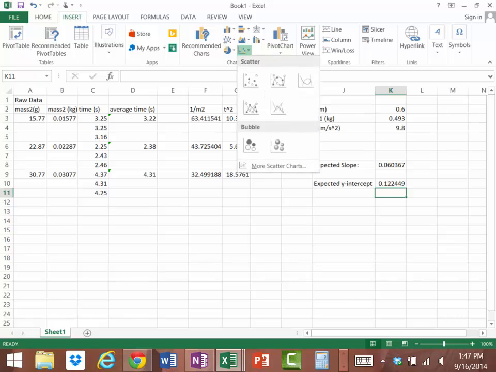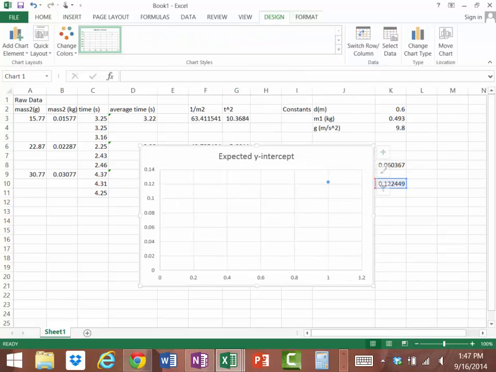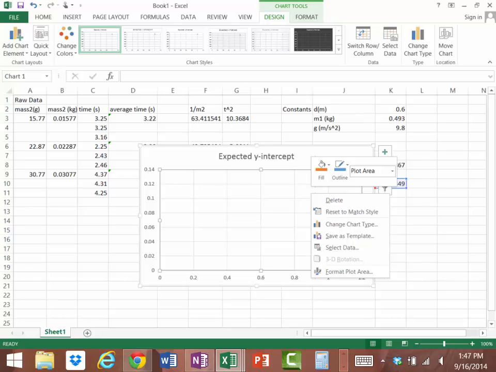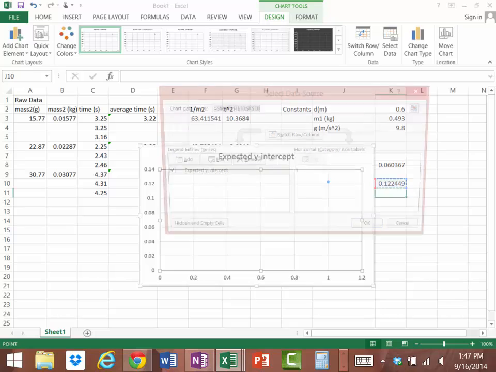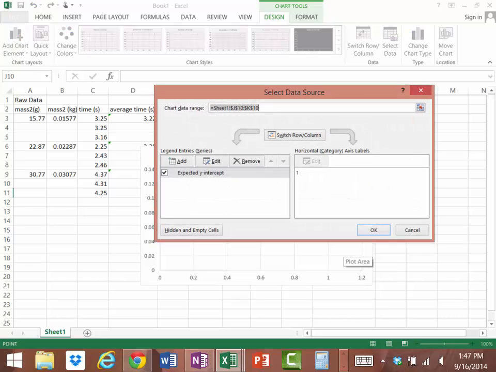So insert scatter, we're going to click on that. You want the one that doesn't have anything, and it's probably just going to look like a dot. You're going to right click in the graph area and say select data. Is everybody there? Let me show you again.